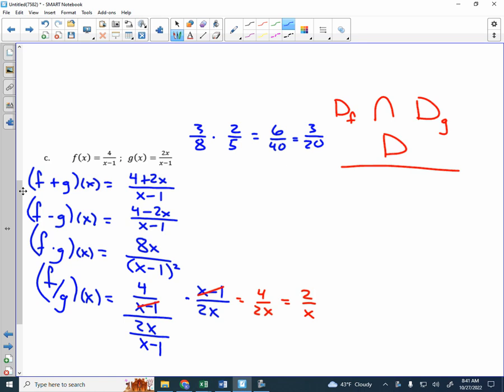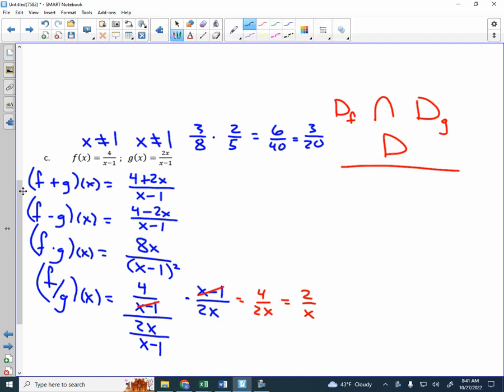Produces 0, and we get 0 in the denominator, and you can't divide by 0. So very good. X cannot be equal to 1 is the domain for f. How about the domain for g? X can't be 1. So what's the overlap between x can't be 1 and x can't be 1? X can't be 1.